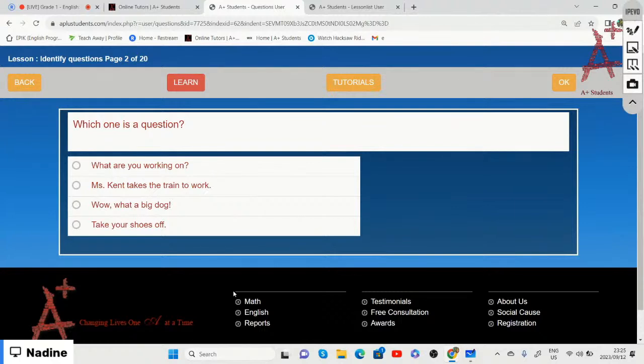Remember, a question is where you are asking something, and you expect a response, and it ends with a question mark. So we need to identify which one is a question, and we're going to choose option one.